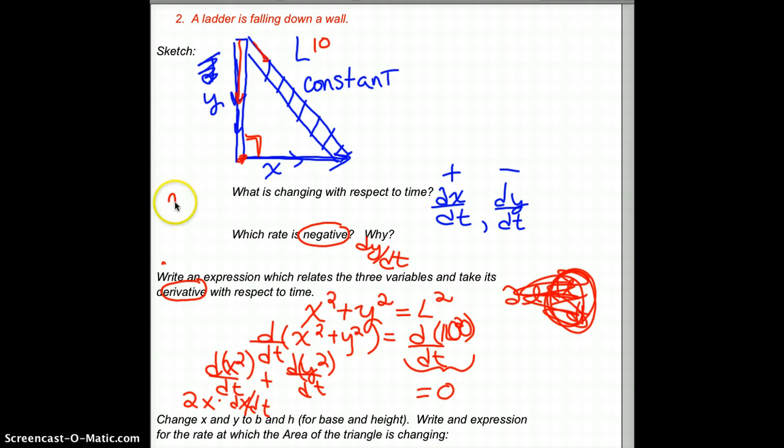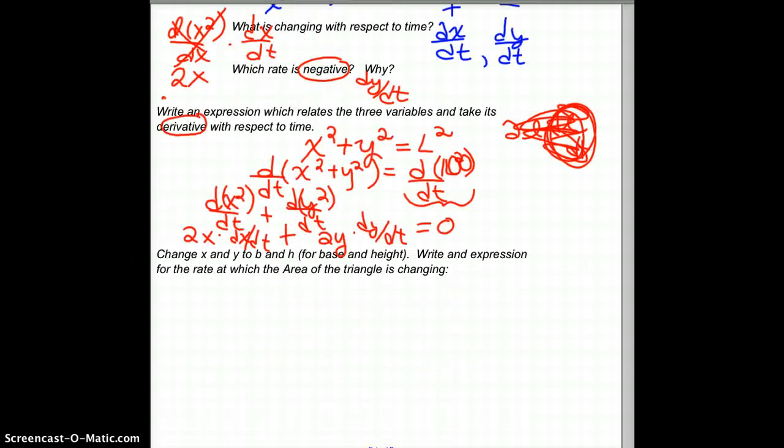So really what I'm doing is the derivative of x squared with respect to x times the derivative of x with respect to t. And this is 2x. It's a chain rule that's going on here. Plus on the y side, I'd have 2y times dy/dt. All right? So with the ladder, that's what I would have.